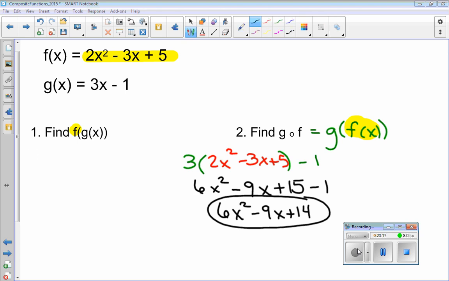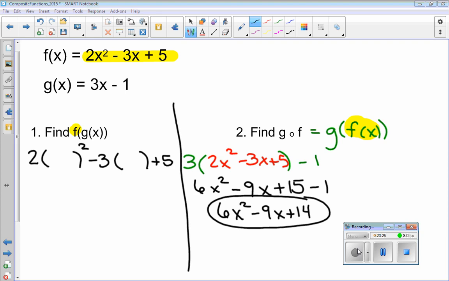I'm going to literally put everything that I see except for the x, and in place of the x, I'm just going to put a big line, that is f. Now what goes inside those parentheses is g, and g is 3x minus 1.